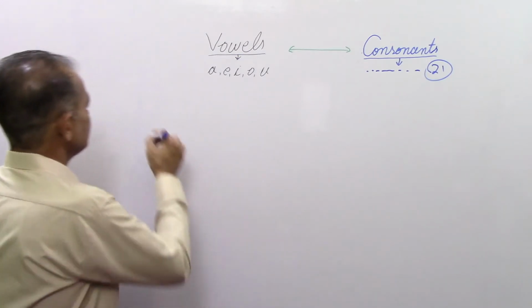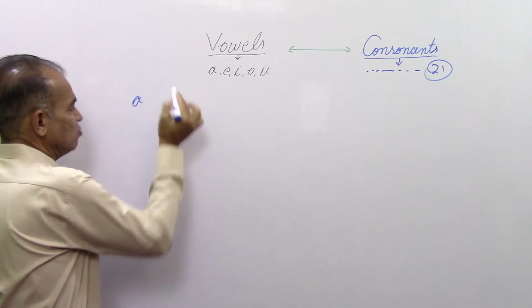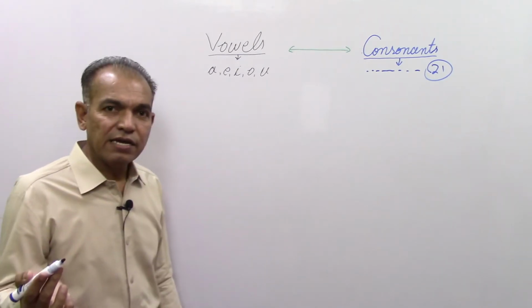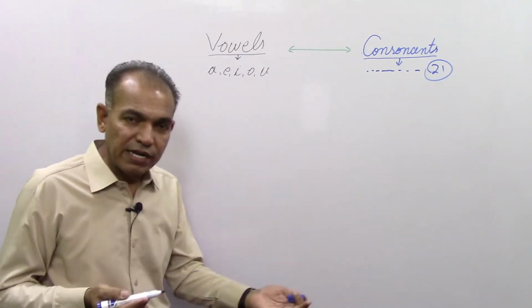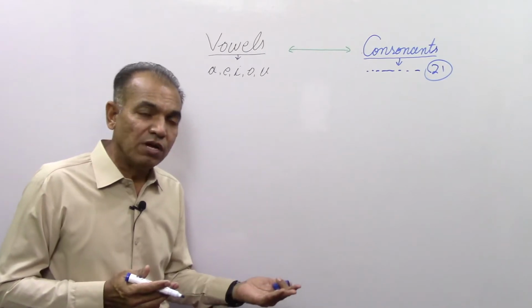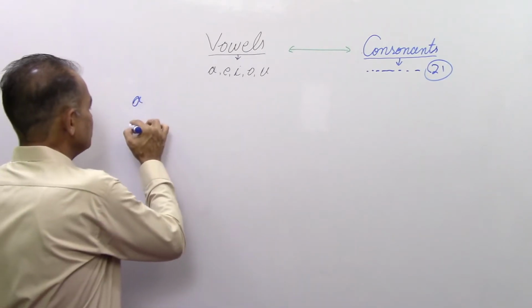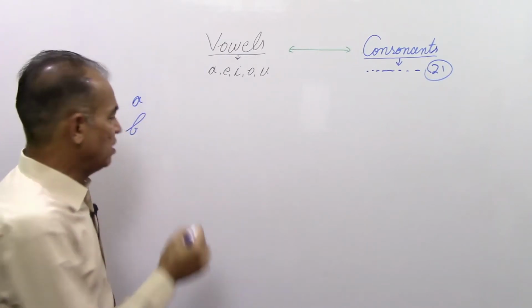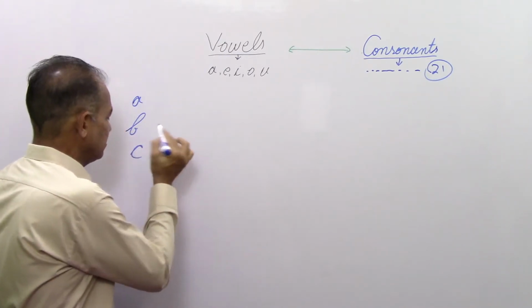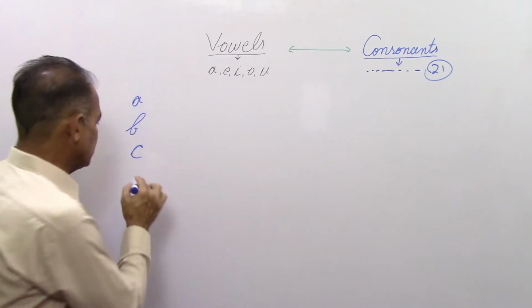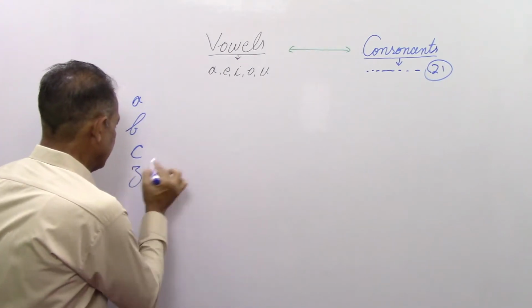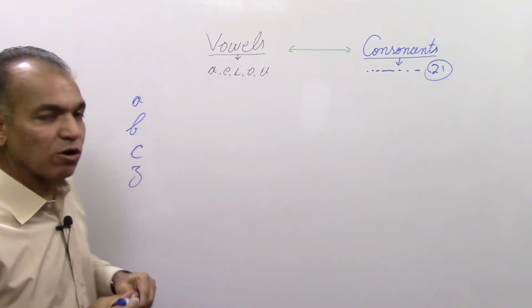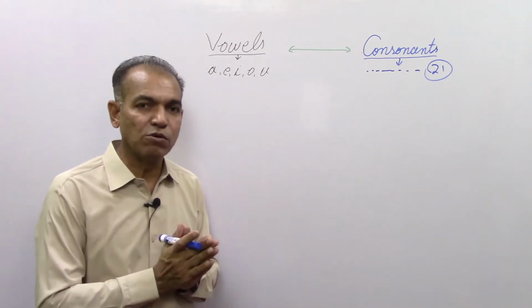For example, A has its own sound when we use it in a word. In the same way, B has its own sound. In the same way, C has its sound. So all the 26 letters in English have their own personal sounds.